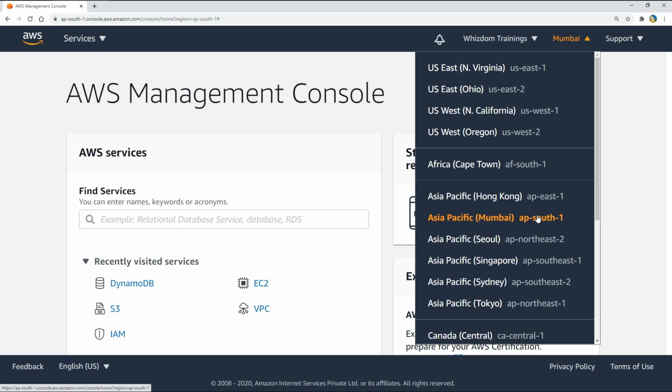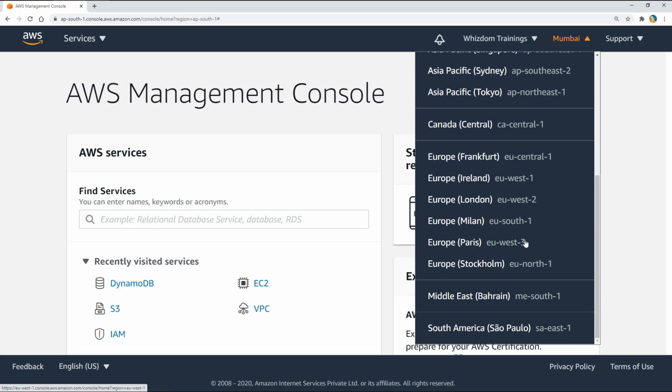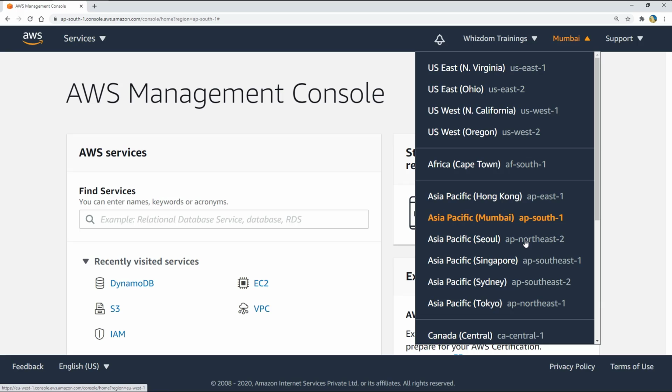Now the question comes up, what is the naming scheme of a region? You can see here US East 1, US East 2, US West 1, US West 2, then AF South 1 and so on. These are the region codes. Now how is the availability zone represented? Say US East 1. This is the region name.